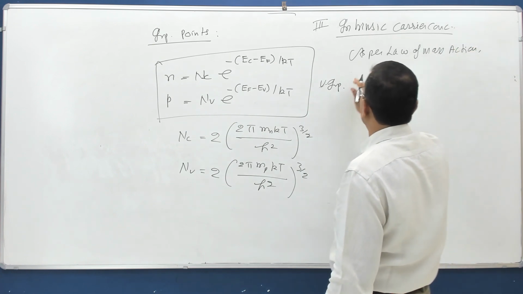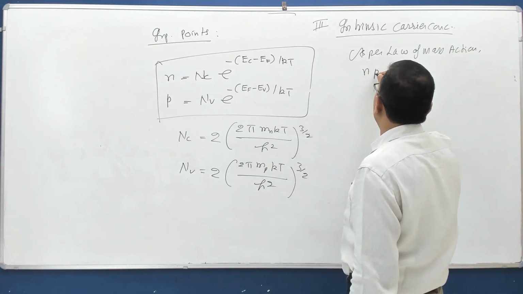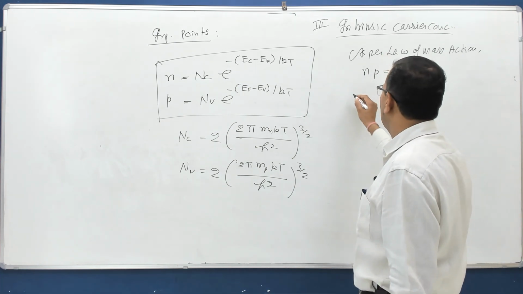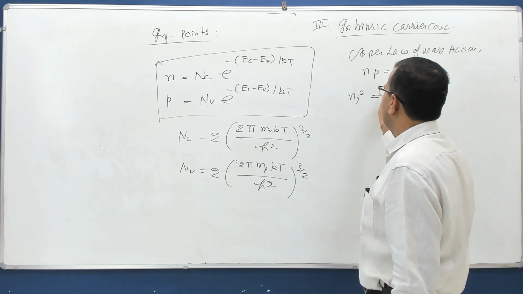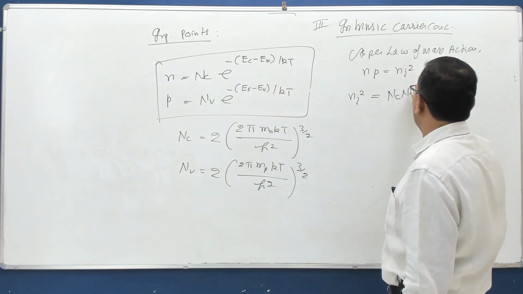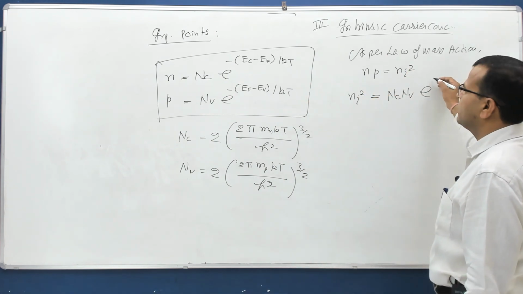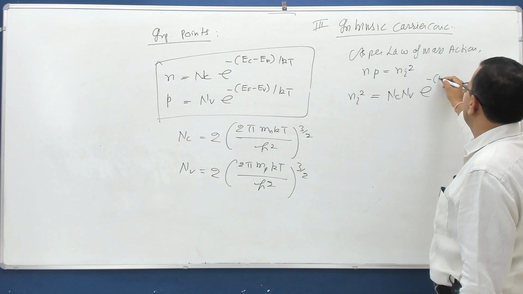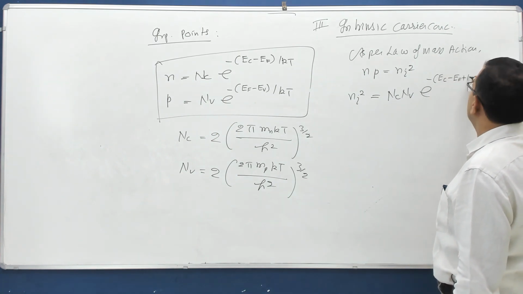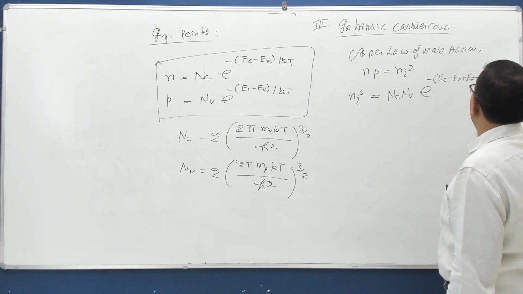As per law of mass action, N into P is equal to Ni square. So multiply these two equations, that is Nc into Nv e raised to power, you can simply add all these, so minus (Ec minus Ef) plus (Ef minus Ev) by kT.